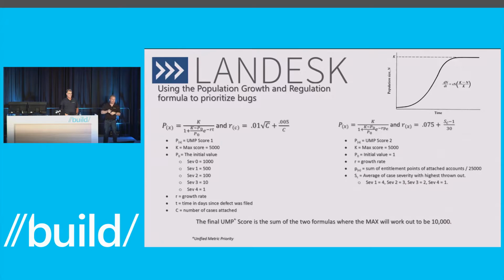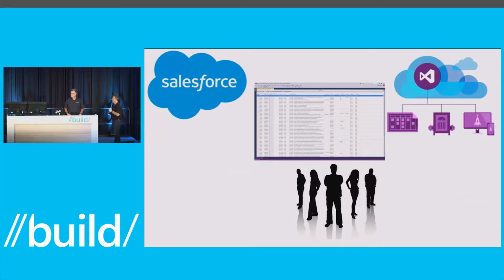So it turns out to be an interesting formula that they implemented. The sample will be out on my GitHub repo, so you'll be able to get access to this as well. But what's pretty cool about what they're doing is they're using the two data sources and creating what they call an OOMP score, or a unified metric priority. And we'll see this come into play.